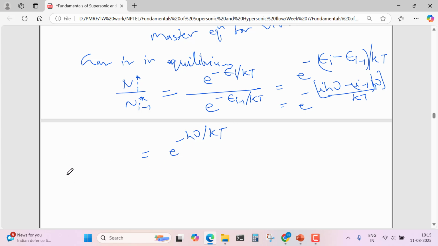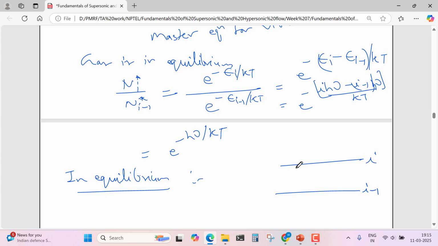And as it is in equilibrium, let's say there are two levels i and i minus 1. We are getting some particles from i to i minus 1, and we are getting some particles from i minus 1 to i.